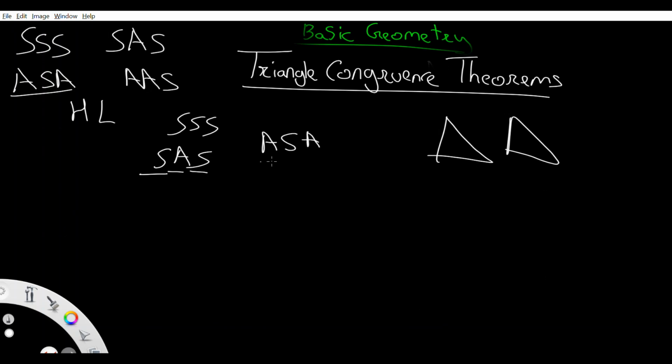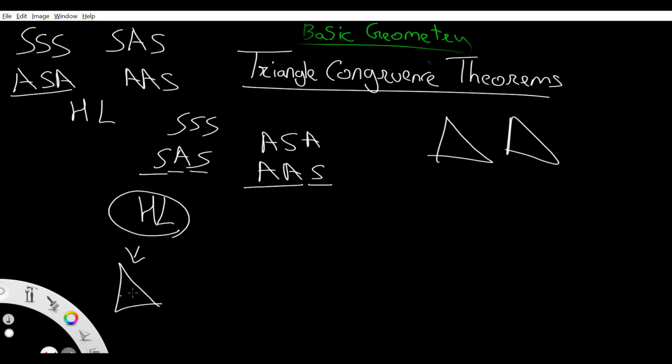The fourth one is AAS, angle, angle, side, which means two corresponding angles and one side. And then we have hypotenuse leg, which is only for right angle triangles, which means if you have a hypotenuse and a leg that are the same, then the triangles are congruent. Now let's look at each of these individually.